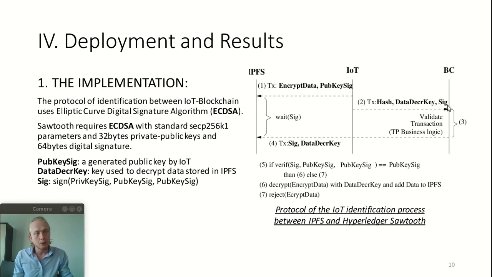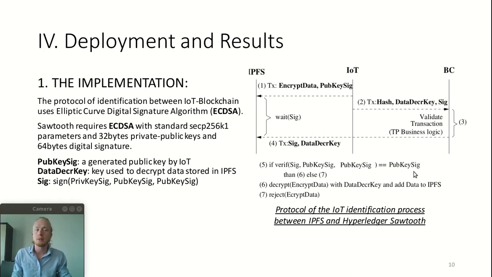After the transaction arrives in the blockchain, it goes through a validator and into a transaction processor, and then the transaction processor uses the IPFS module to communicate the signature and the data decryption key. Once the signature and the data decryption key arrive at IPFS, it will verify the signature with the public key and the public key as a message.